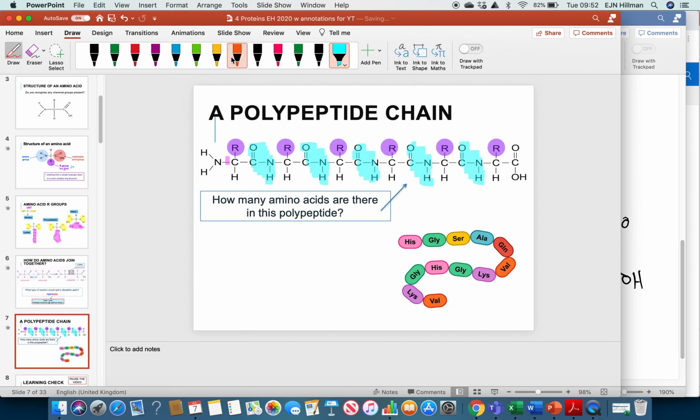At either end, we have a carboxylic acid at one end of the chain, and therefore there must be an amine group at the other end. Acid at one and an amine group at another.